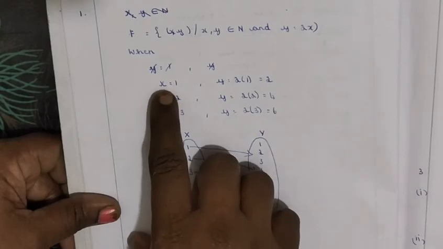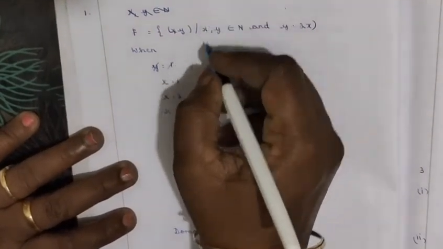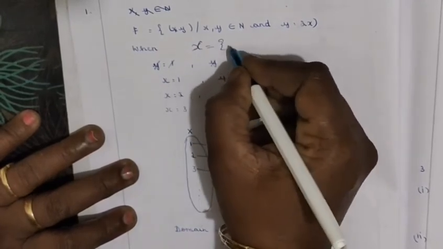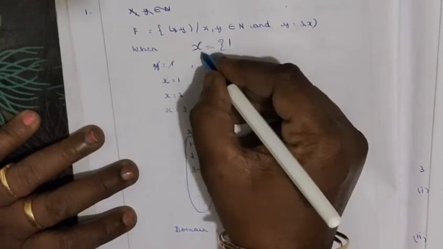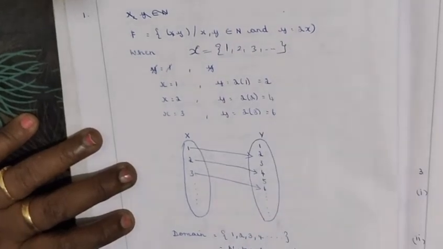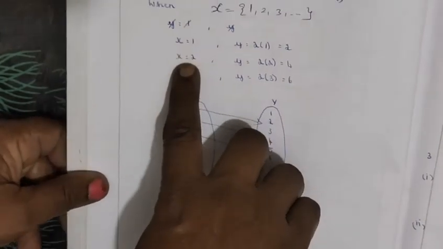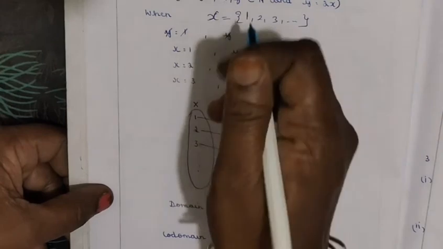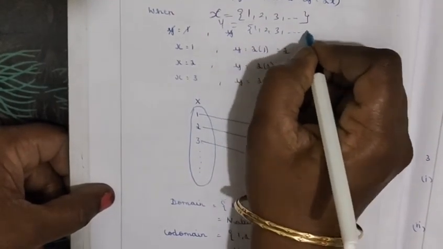Now x belongs to N means x equal to 1, 2, 3, etc. Now for all the values of x, we have to find y. Y also belongs to natural numbers, so that is 1, 2, 3, etc.